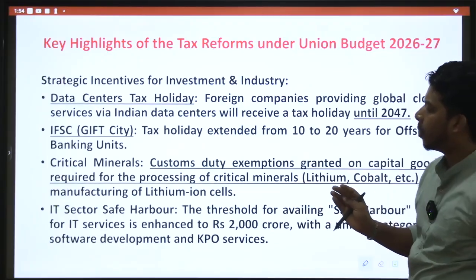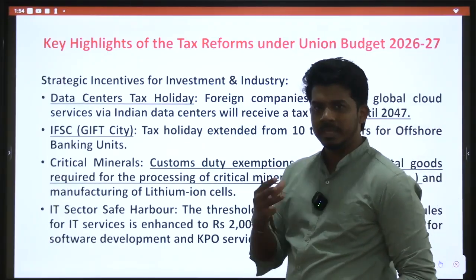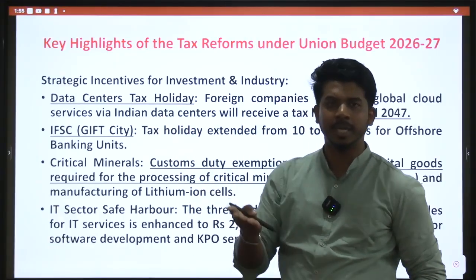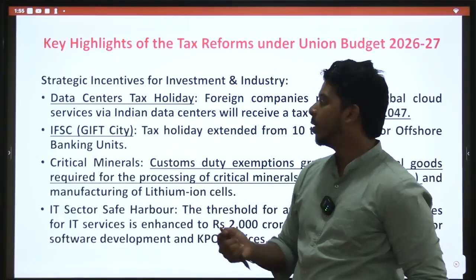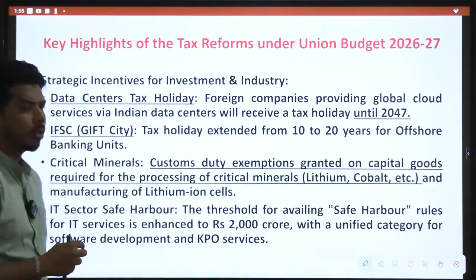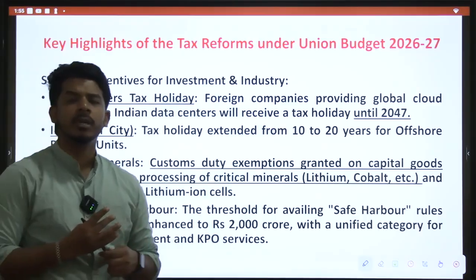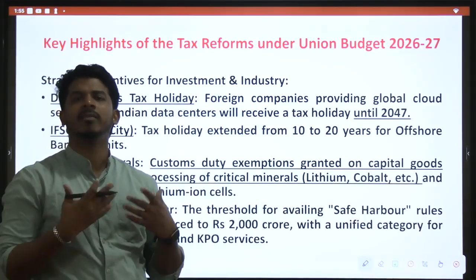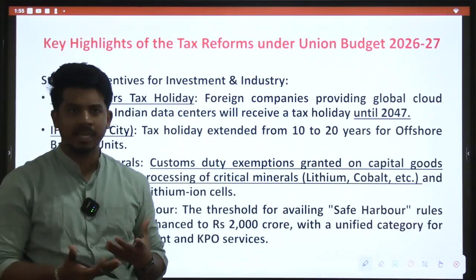Then, for promoting investment, the government has given tax holidays. That means it has exempted from payment of taxes companies which are establishing data centers. We have this development of cloud technology and artificial intelligence, and all of this needs storage space, which are data centers.